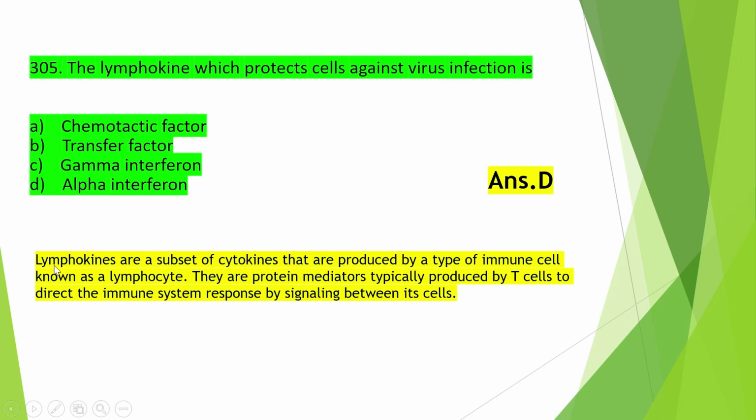And what is lymphokine? Lymphokines are a subset of cytokines that are produced by a type of immune cell known as lymphocyte. They are protein mediators typically produced by T cells to direct the immune system response by signaling between its cells.